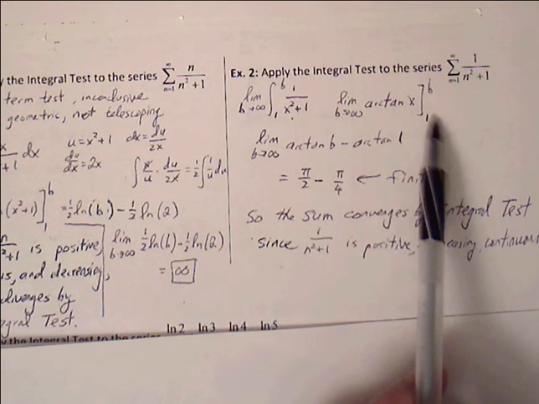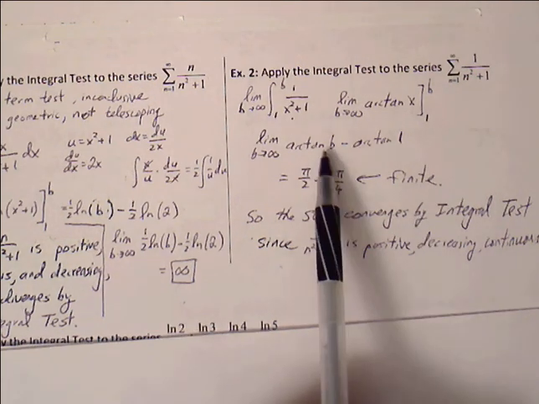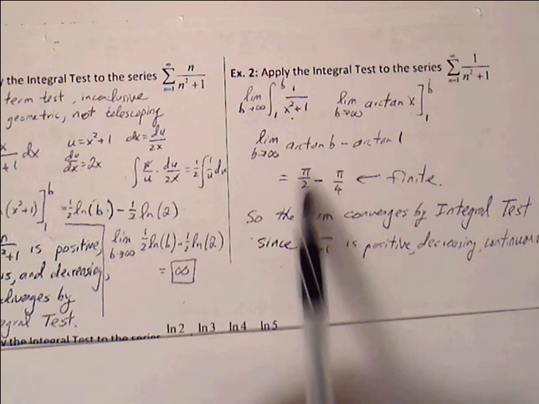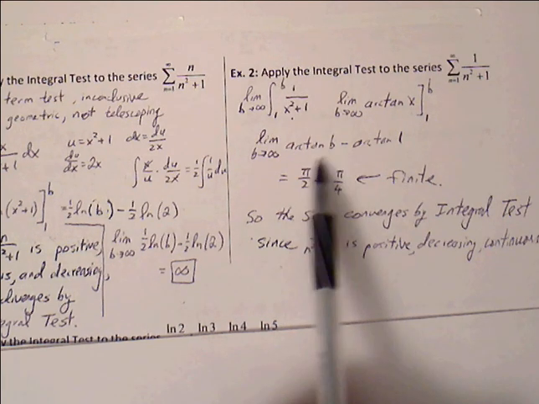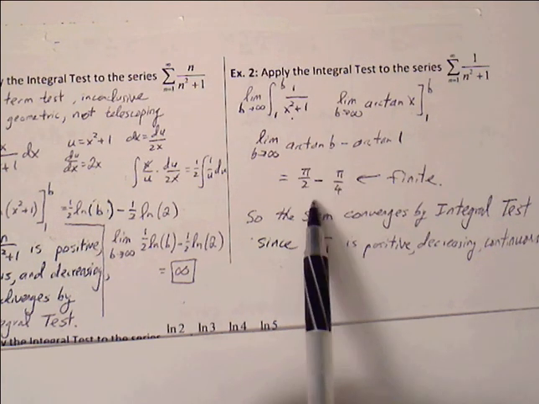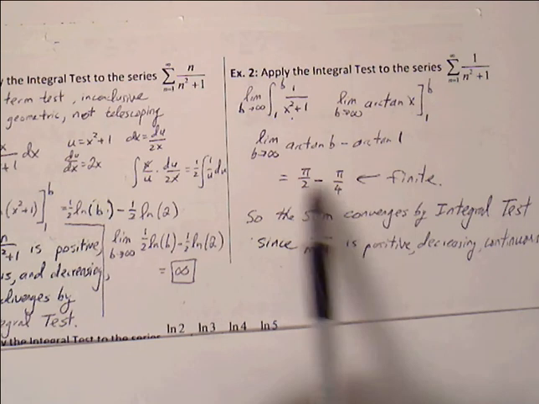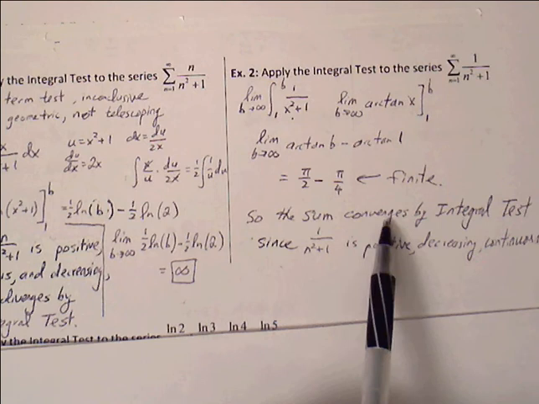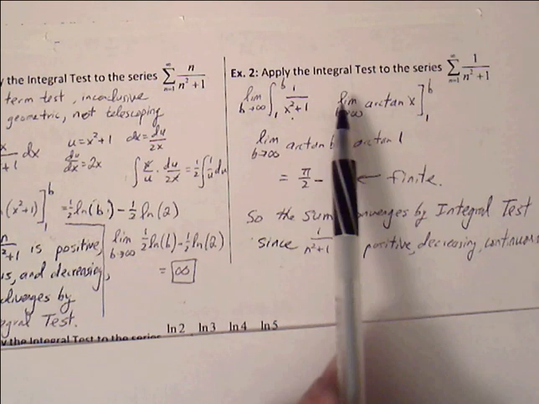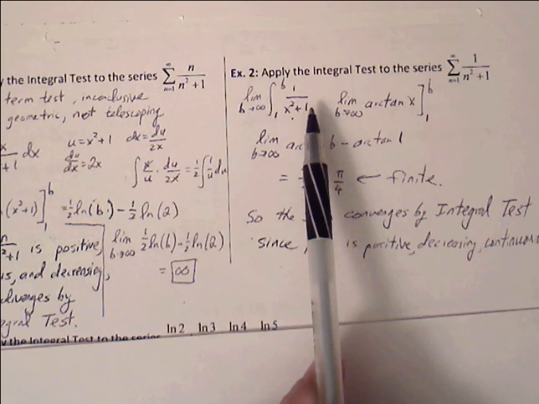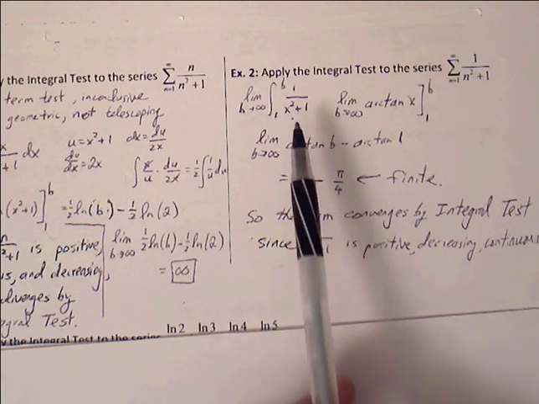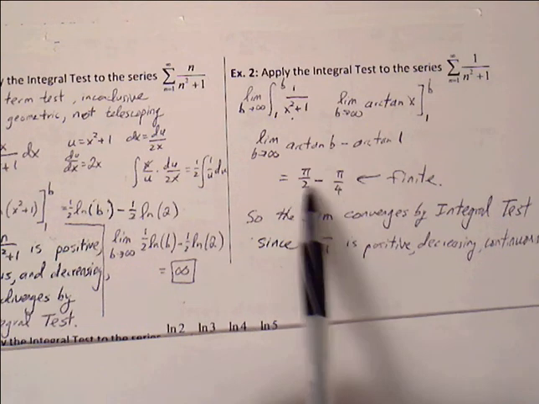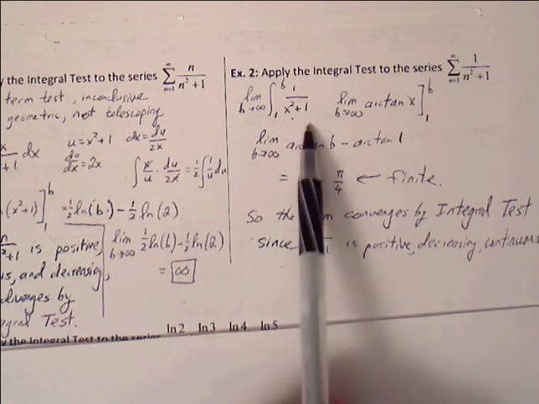We evaluate between the upper and lower bounds, arctangent of b. So arctangent of infinity will be pi over 2, because that's where the horizontal asymptote is. Arctangent of 1 is pi over 4. So pi over 2 minus pi over 4, this is a finite value. Because the integral of this rule of sequence goes to a finite value, it converges.